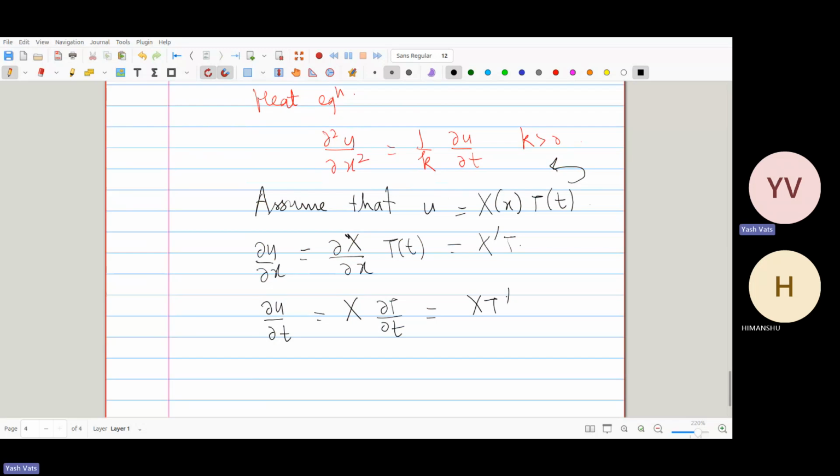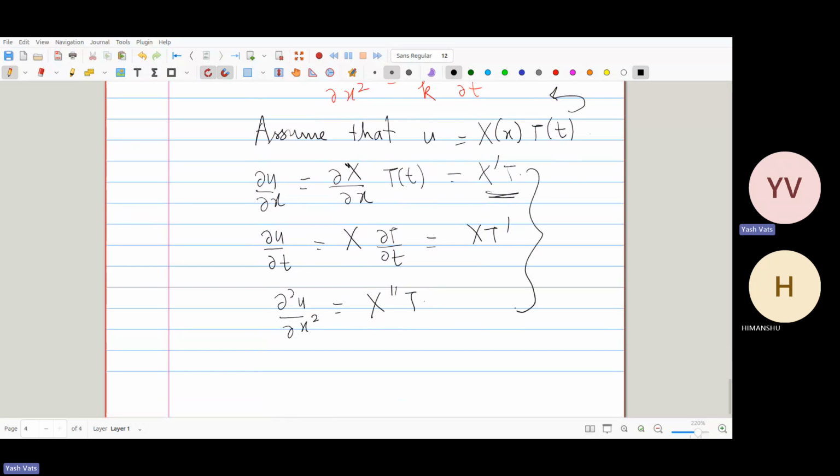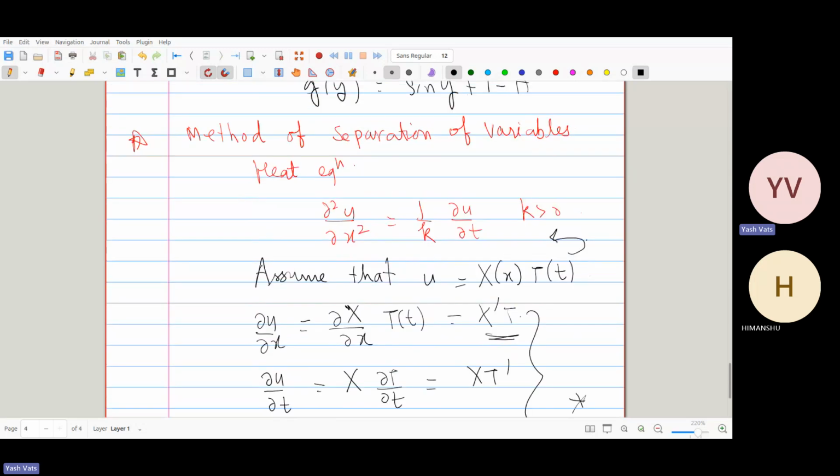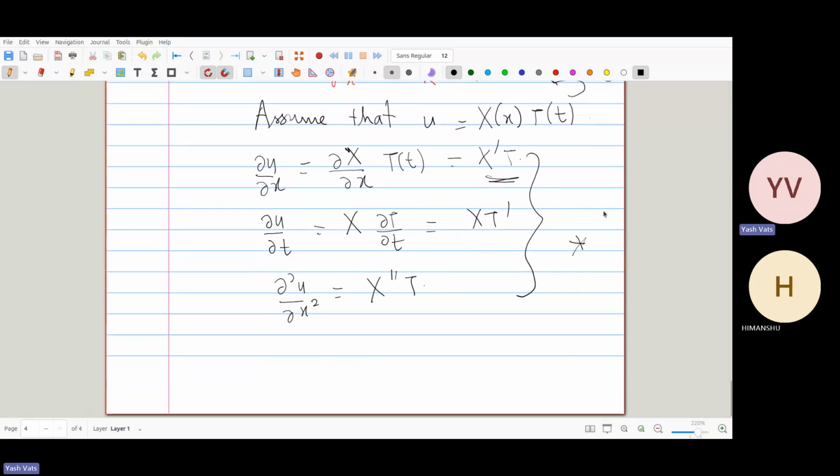And what is del squared u over del x squared? That is just the double differentiation of this, so X double dash T. So I just substitute these three values, star, in the equation, say A. Okay, substitute star in A.